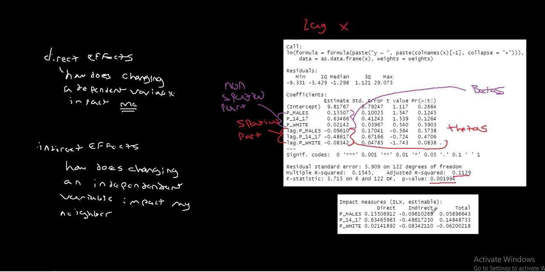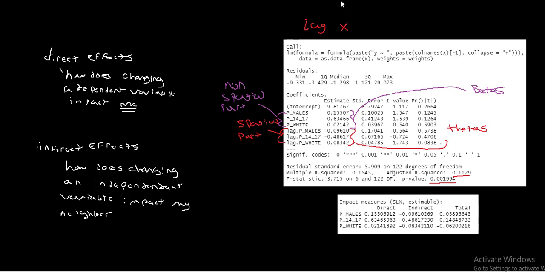Or if my neighbors increase their males, it decreases my vacancy. Hopefully that makes sense. I know it's a little bit tricky. And then again, total is just the summation. In total, if we were to change the percent males, we would see a positive association. So in total, raising the number of males across the board would raise the vacancy. Again, garbage model, don't trust these results, but that's how you would go about interpreting them.